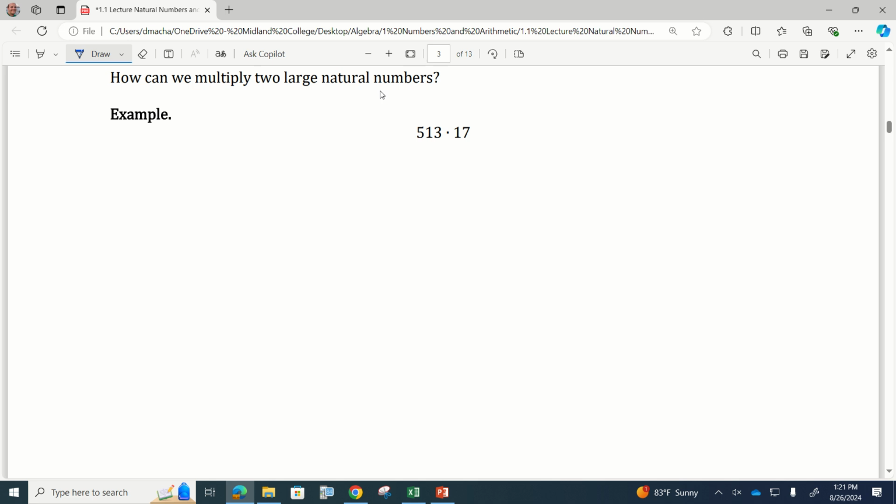If I wanted to multiply two large natural numbers like these, the big numbers, I'm not allowed to use my calculator. So what I would think about is how 513 is the same thing as 500 plus 10 plus 3.